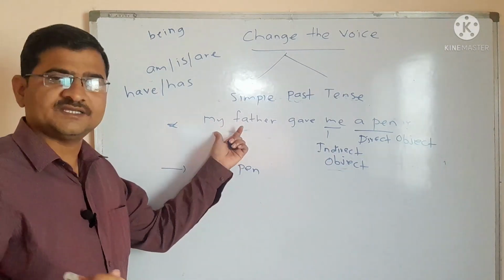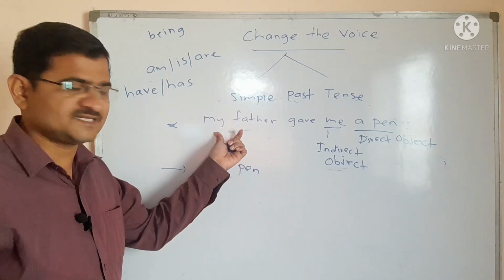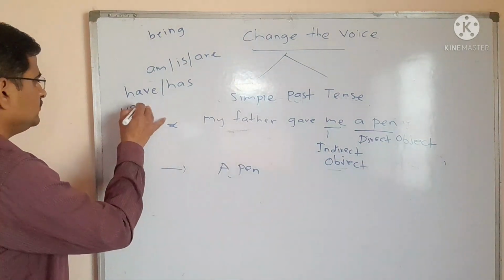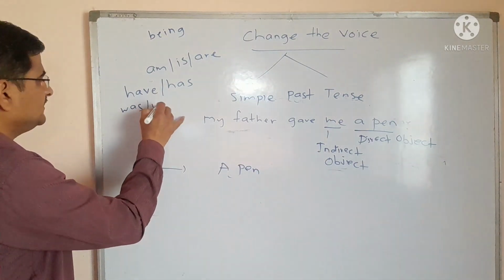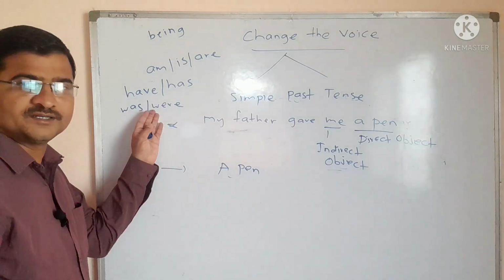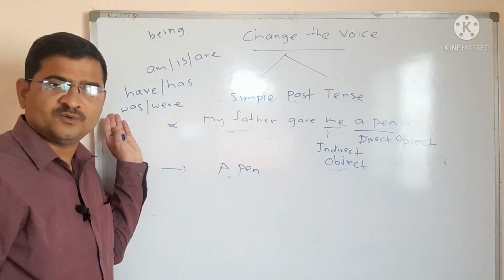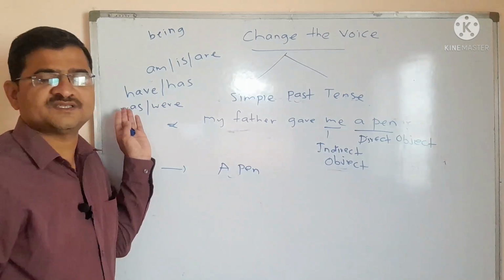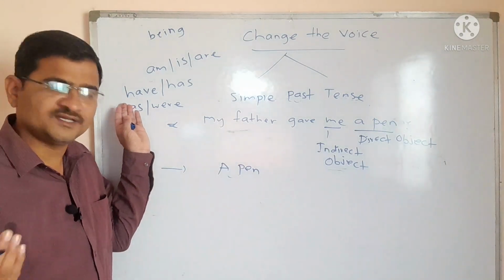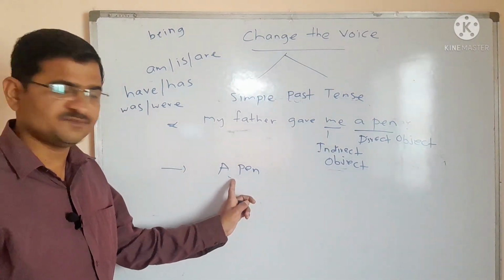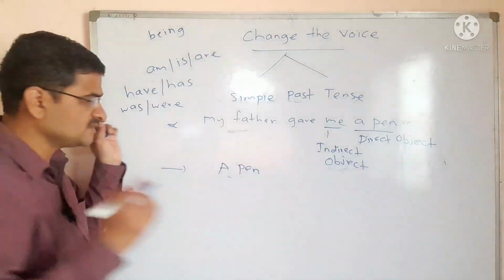Here the given sentence is of simple past tense. Therefore you have to use the helping verb either was or were. If the subject is singular, you have to use was after it. If the subject is plural, you have to use were after it. A pen is a singular subject, therefore we will take was after it.